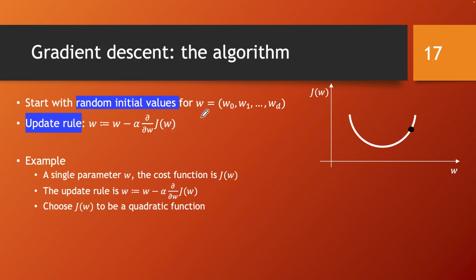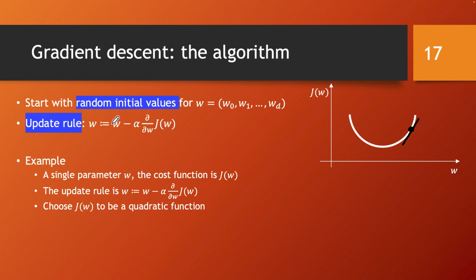Now, the standard derivative is really connected to the tangent that you are drawing through this point, the tangent to the curve. This tangent having a positive slope means that the partial derivative is a positive number. And so this update rule is going to be something like this.